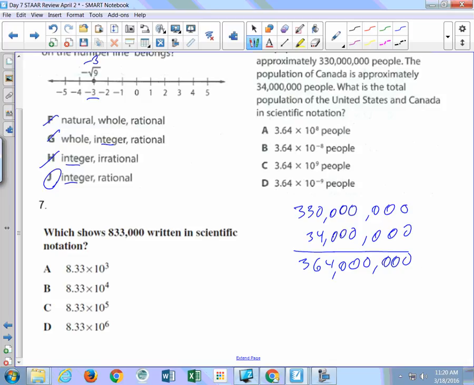We're going to start at our decimal place. And we're going to move our decimal to the left, between the first and second number, right here.